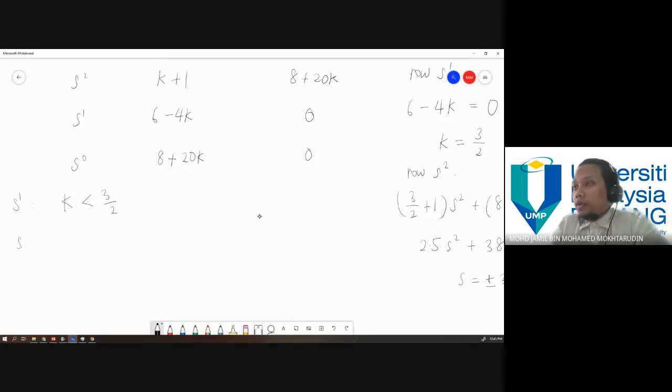And then from row S0, 8 plus 20K must be positive. So we get K bigger than negative 8 over 20, so 2 over 5.